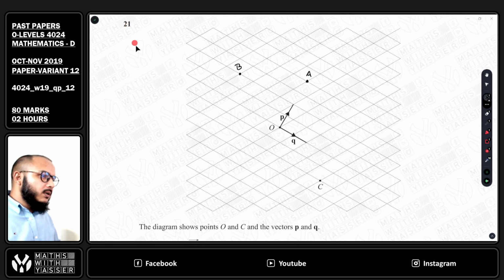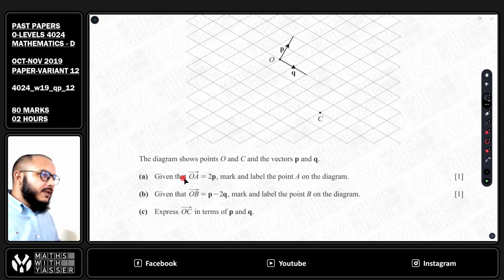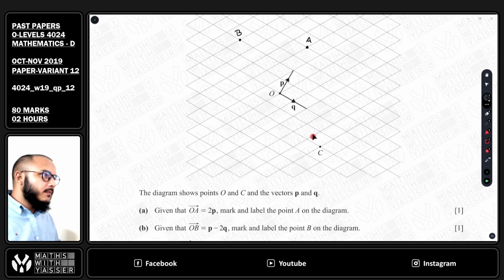Question number 21. The diagram shows points O and C and the vectors P and Q. Given that OA is 2P, mark and label the point A on the diagram. So if this is P, that means OA will be 2P.